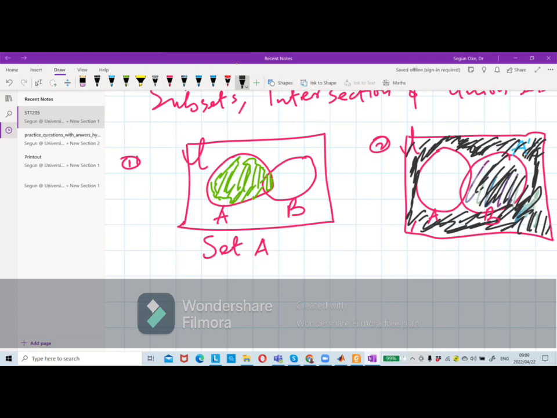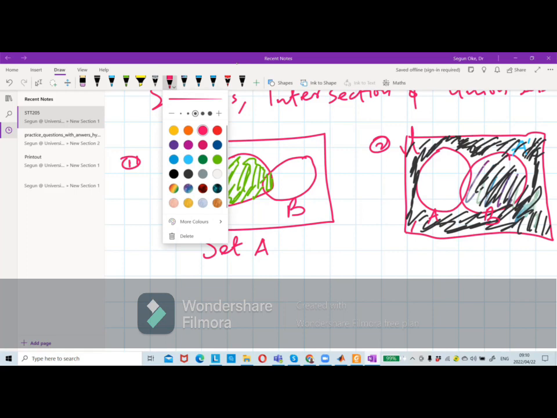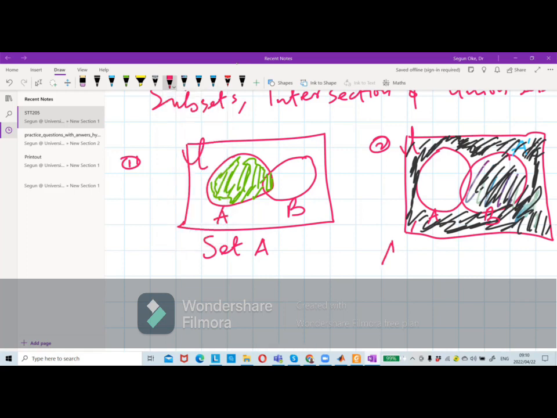So we have A, we have B. We only do the complement of A. So let's look at number 3. Let me write this. We call this one A complement. This is the complement of A.